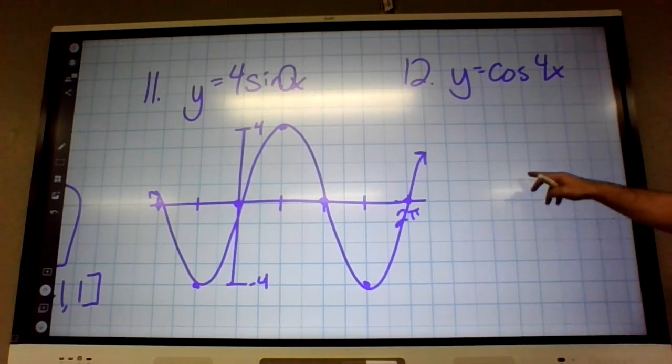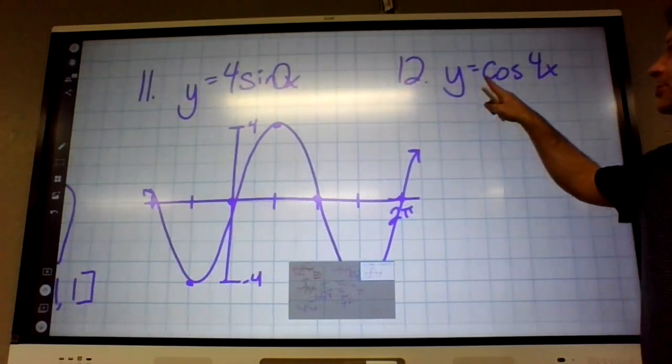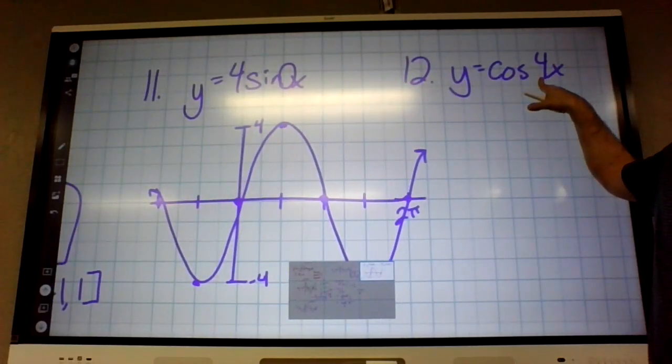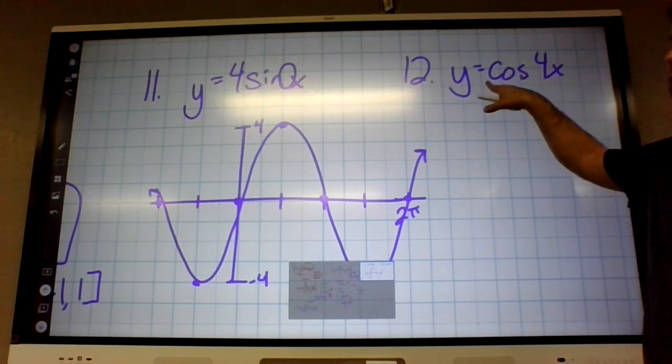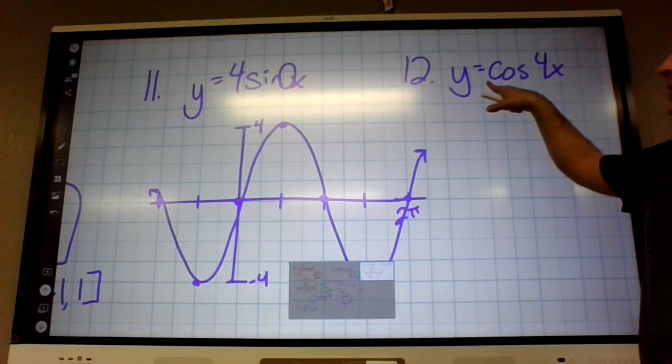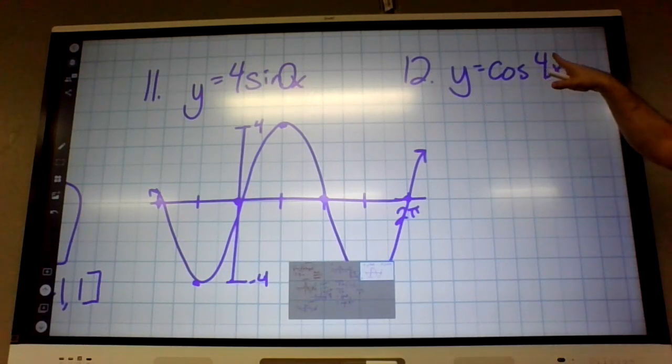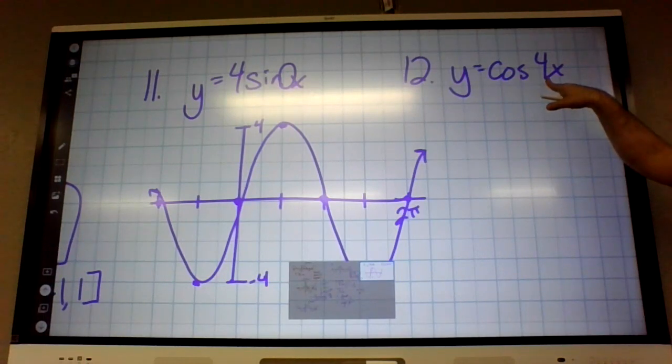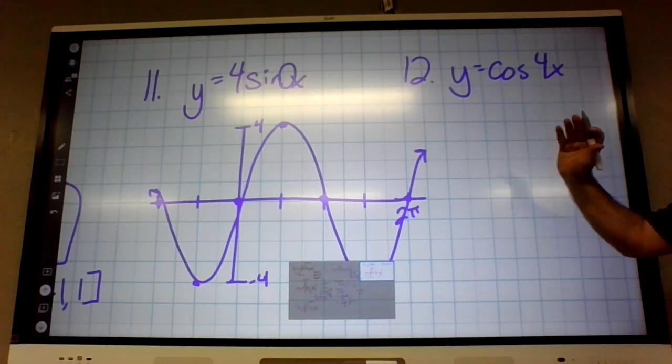All right. On number 12, what is going to be different? Okay, shh, hush. What's the amplitude going to be? 1. So it's only going to go up to 1, just like number 1 and 2. Okay, what's this 4 going to do to it, though? Everything's going to happen 4 times faster.